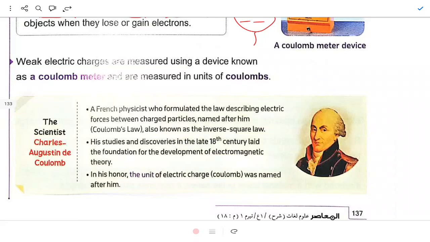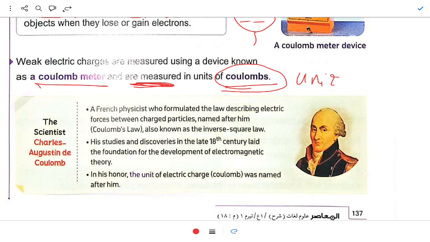Its unit is the coulomb. So the coulomb is a measurement unit, but the coulometer is a device.